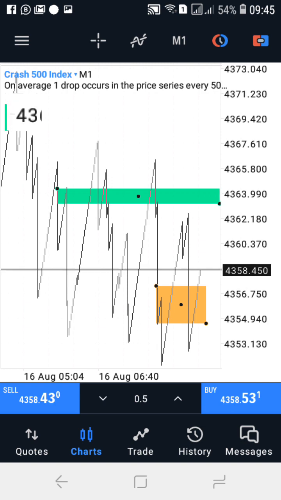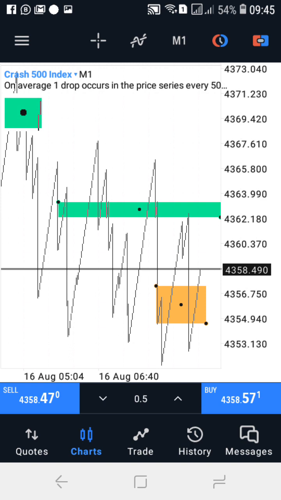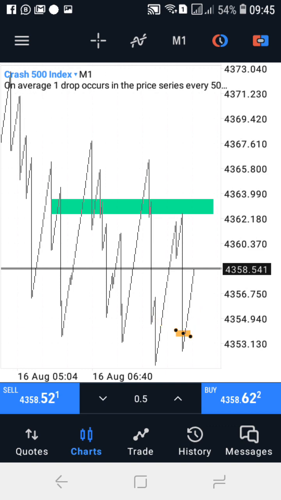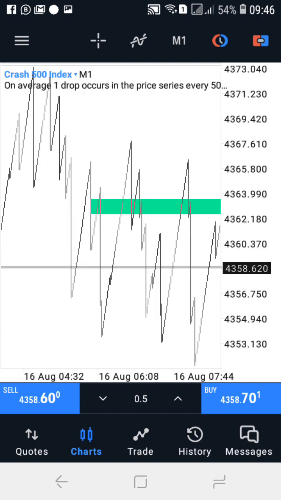Let me just mark the 50%, which is somewhere just about here. Yeah. So you can see how price is just playing around that area. Because it's a breaker block, it just has to be respected. It's just exactly what happens in the market.